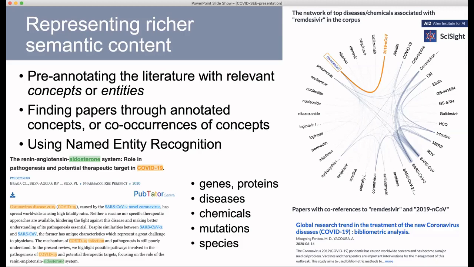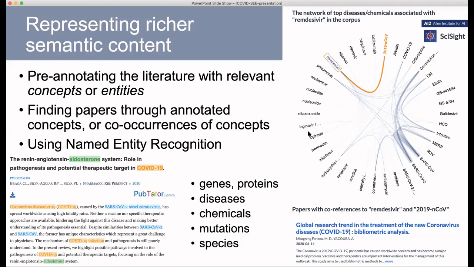And so building on text mining tools that are able to identify particular entities or concepts in the literature, they essentially pre-processed all of the articles to find entities like genes and proteins, diseases, chemicals, mutations, and species, and the sorts of things that you can find in PubTator at the National Library of Medicine as well, which provides a visualization where you can highlight the particular terms in those categories, which is one lens into the literature.